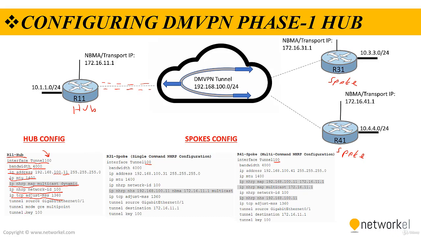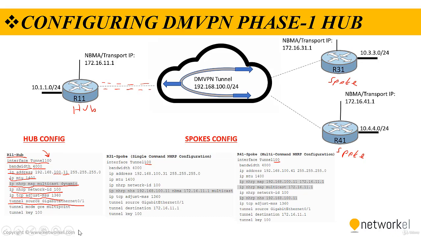Okay, then in here we are defining a tunnel source as tunnel source GigabitEthernet 0/1. The tunnel source depends on the transport type, guys, and the encapsulating interface can be a logical interface such as a loopback or a subinterface also.